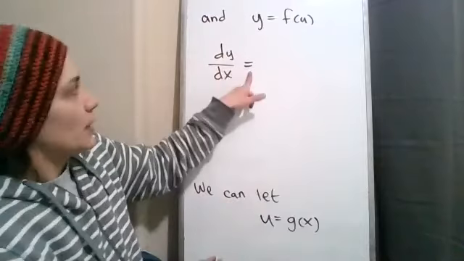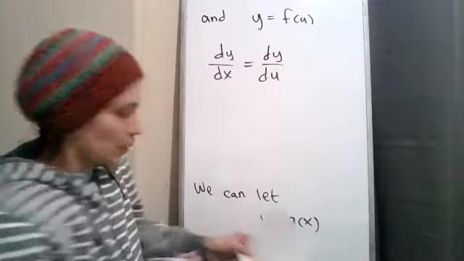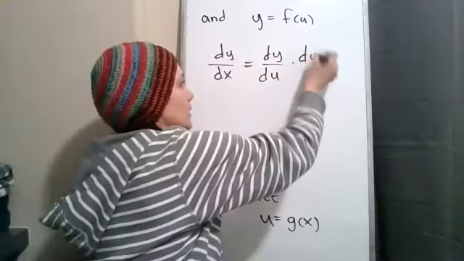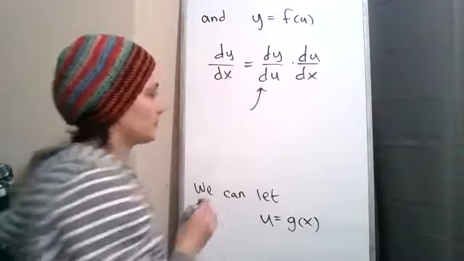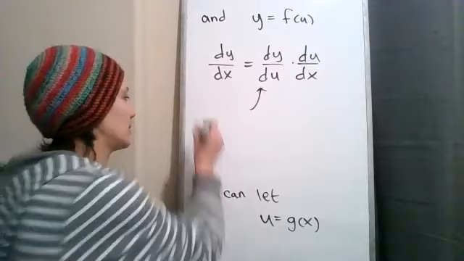And this would be, let's see, I wrote the derivative of y with respect to u, dy du, multiplied with the derivative of u with respect to x. So that's the derivative of the outer function.